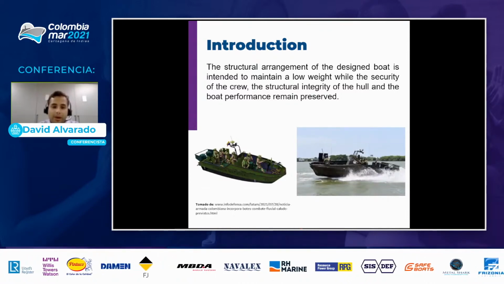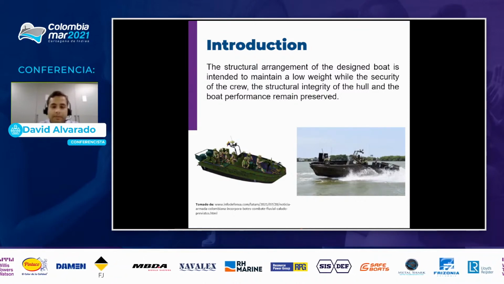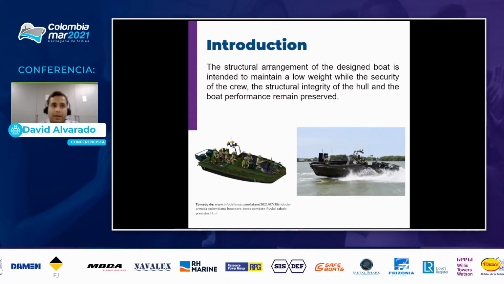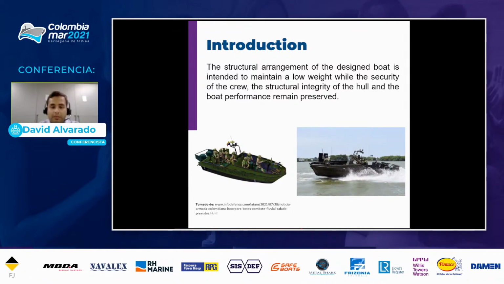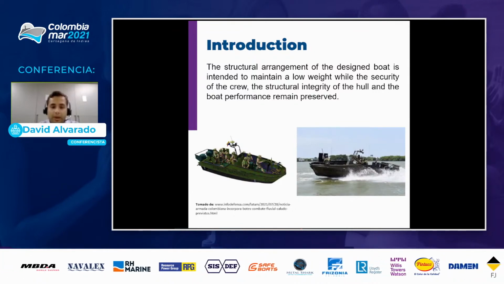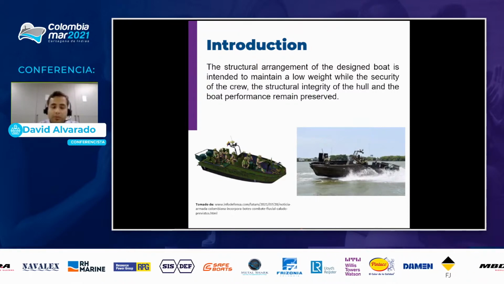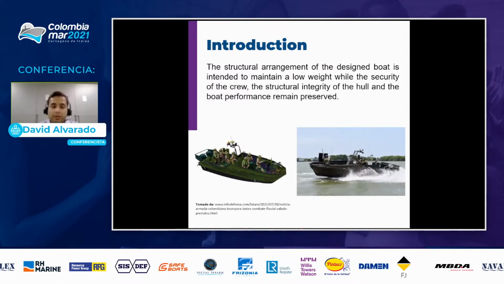In terms of the requirements, we have the low draft combat boat, SVCV, which has been designed to provide security to the crew because it includes polymeric armored panels with a cargo capacity of about 400 kilograms and a reach of 300 kilometers.